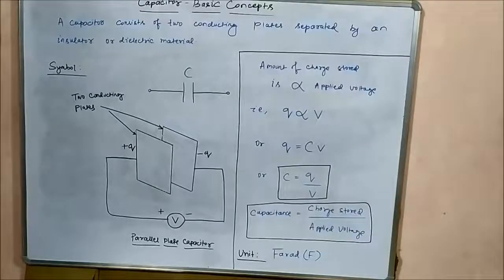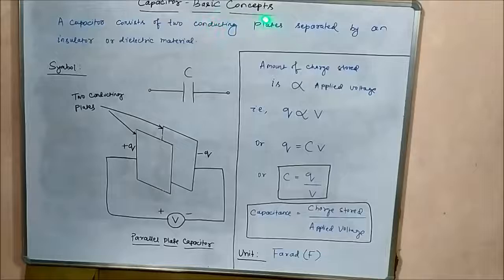What is a capacitor? A capacitor basically is a combination of two conducting plates. Okay, two flat conducting plates which are separated by some distance by an insulator or dielectric material.